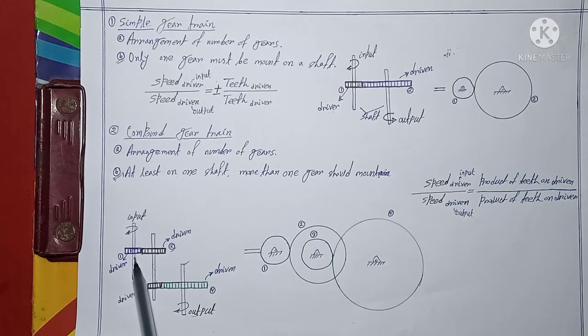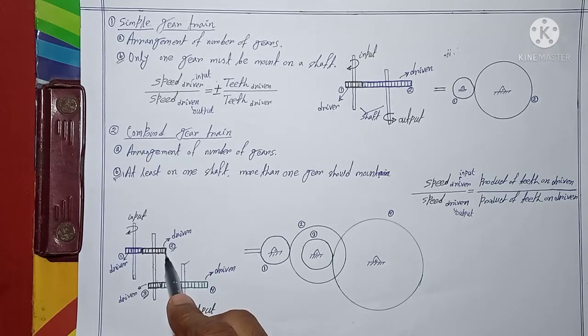The gear linked with gear number 1 acts as the driven. So try to understand carefully: when you want to find which gear is the driver and which is the driven, always take a couple of gears which are linked to each other. As an example, here gear 1 and gear 2 are linked to each other.